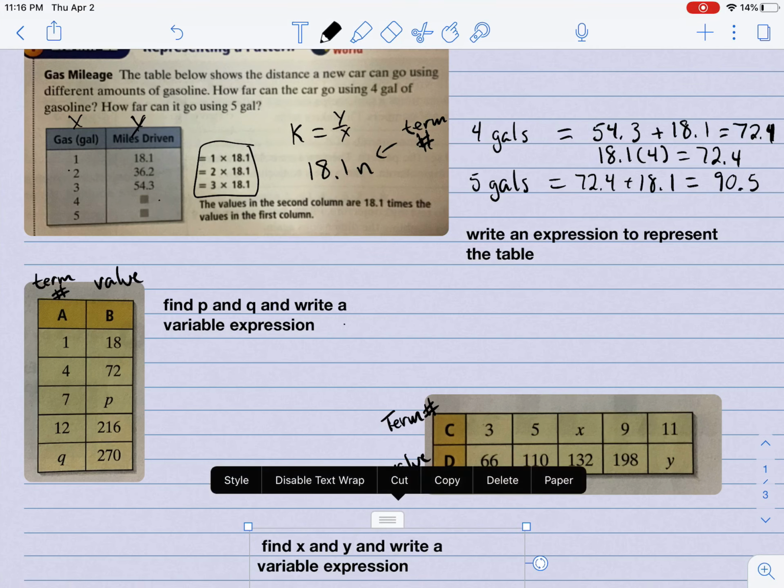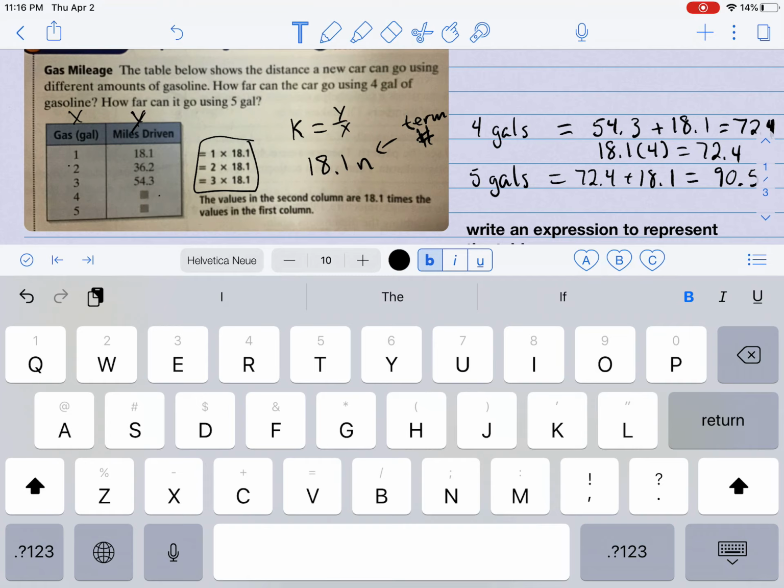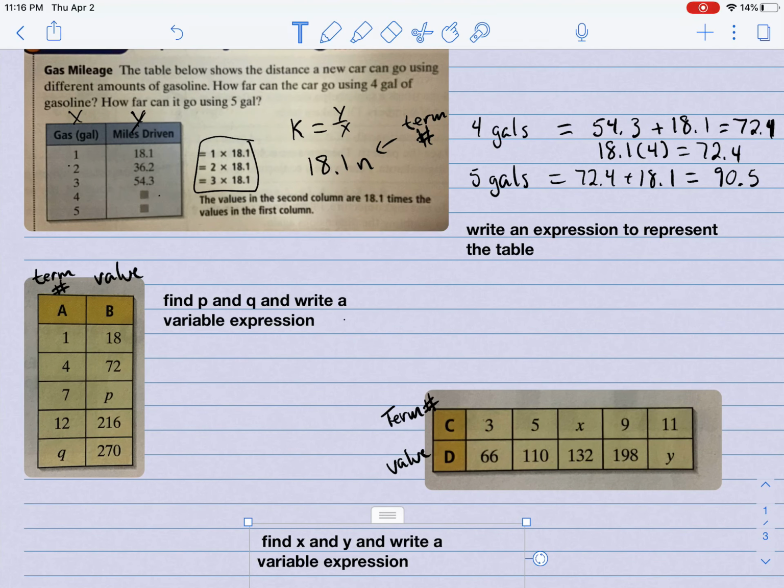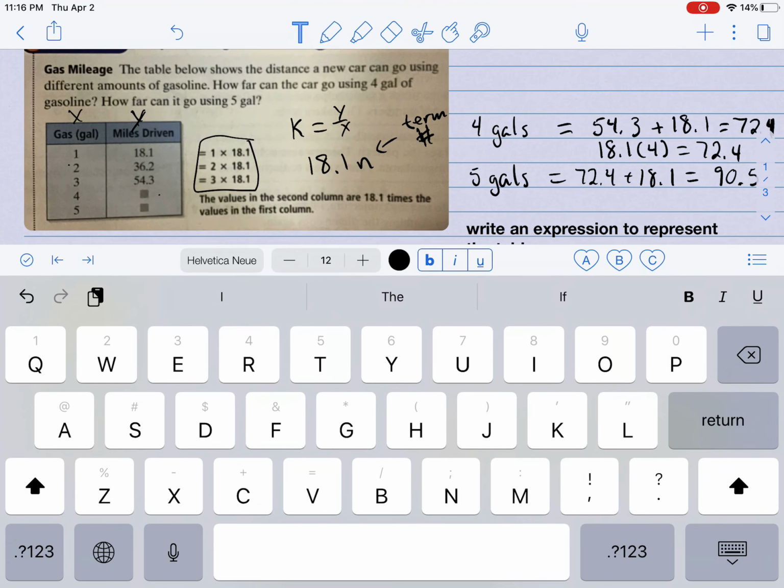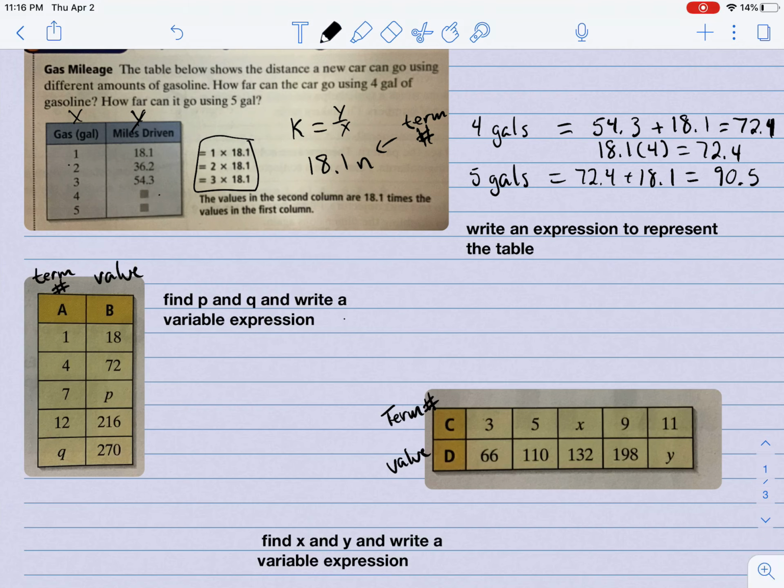Okay. So now in these tables, you'll notice that our term number is not sequential. So it's not 1, 2, 3, 4, 5, and so on. There's gaps here. And so we're going to need to find out what that changes. And these luckily are proportional graphs.